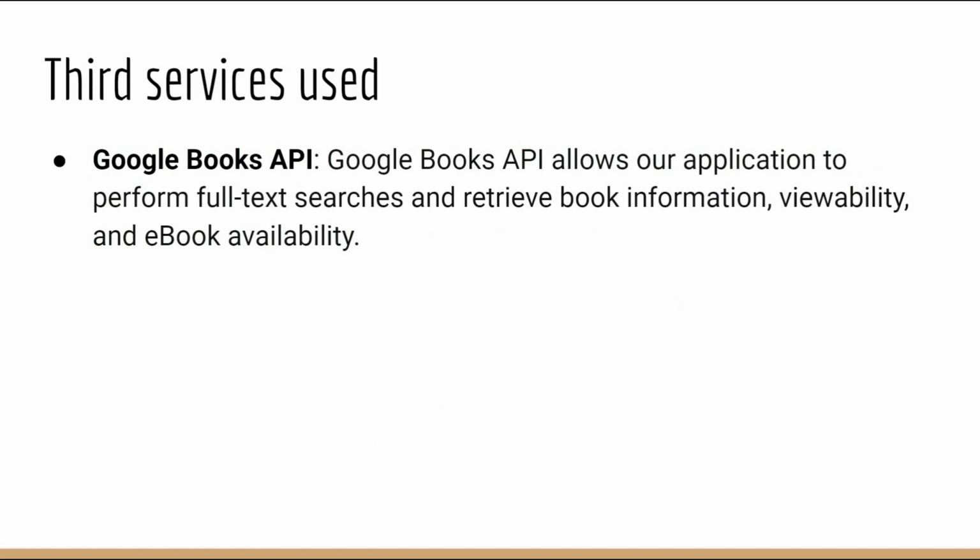Since we need a data-rich website for our project, we integrated the Google Books API, since it allows full text searches and retrieves book information, and it's also free to use.